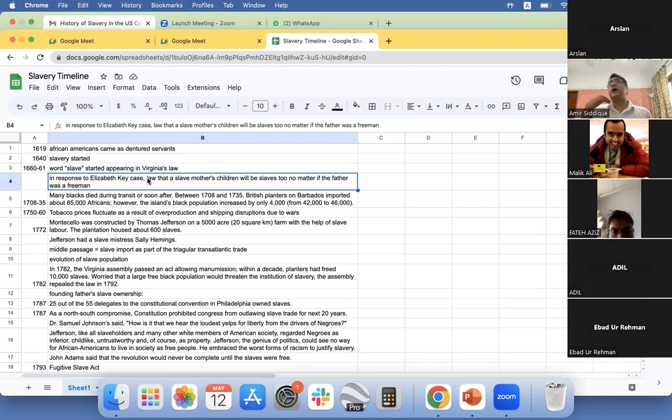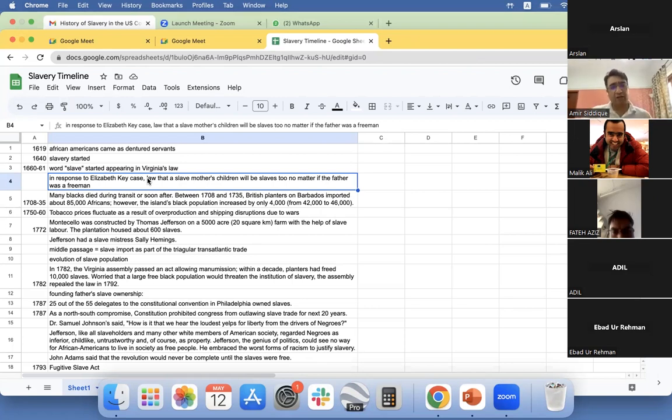For example, George Washington was the first president, John Adams was the second president, and Thomas Jefferson was the third president. Benjamin Franklin was never a president, but he's considered a founding father. You have Benjamin Franklin's picture on the $100 note as well.